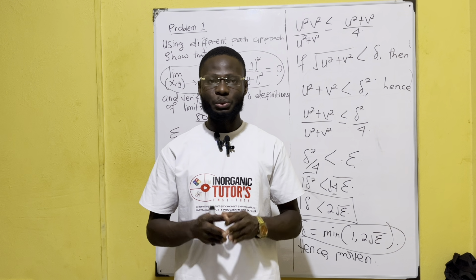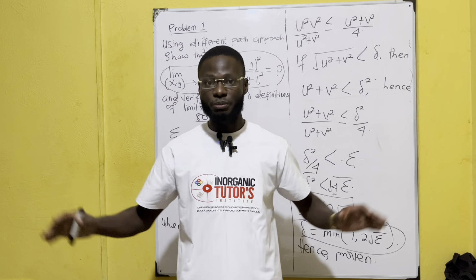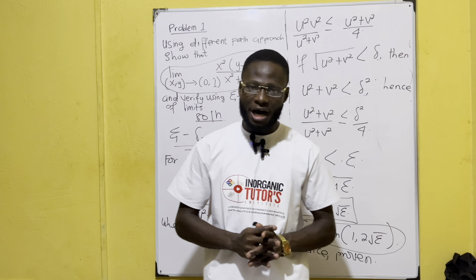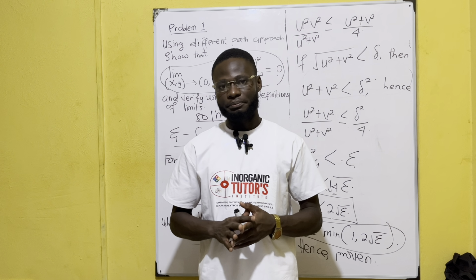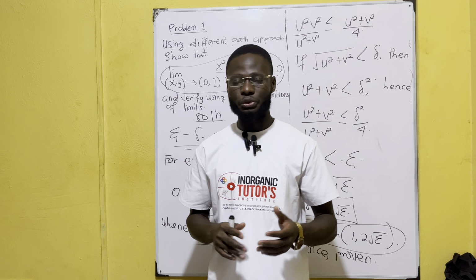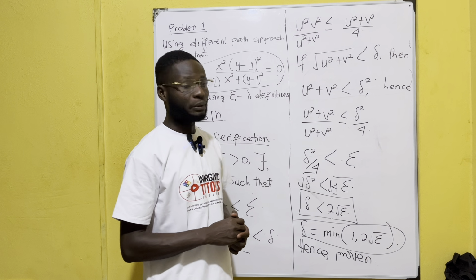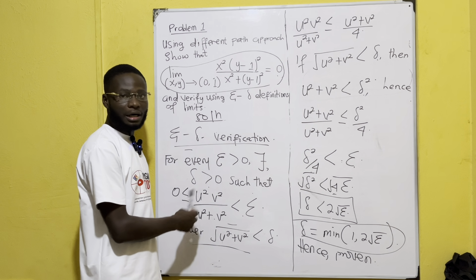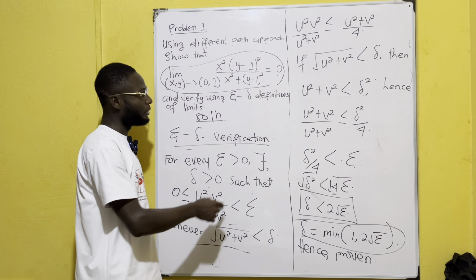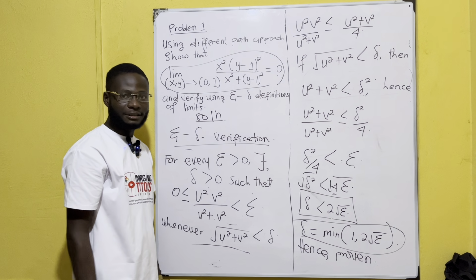But when it comes to a cumbersome expression, that is when you have to use the squeeze theorem so that you can manipulate the expression. So that is why we use the squeeze theorem to deal with this guy.